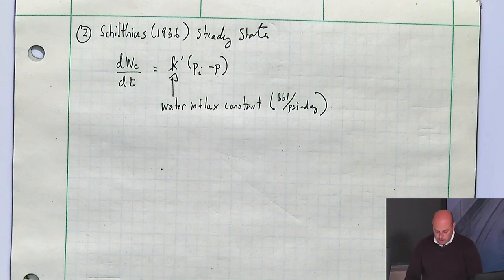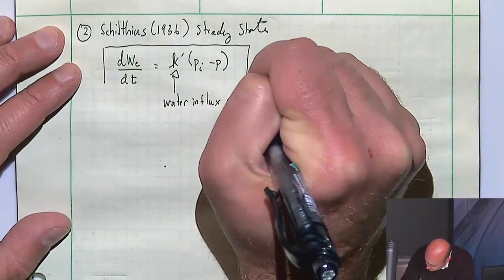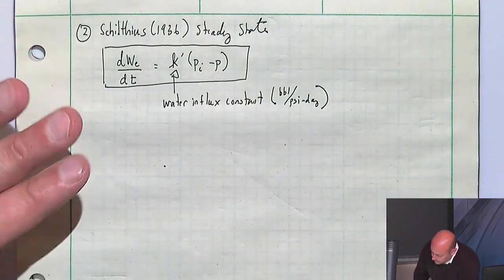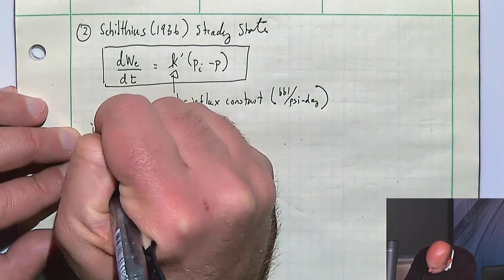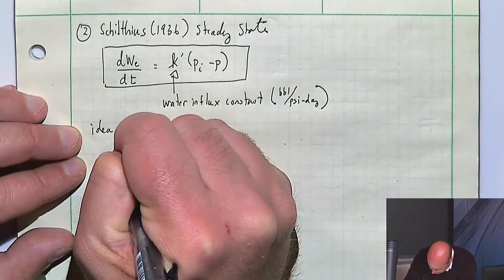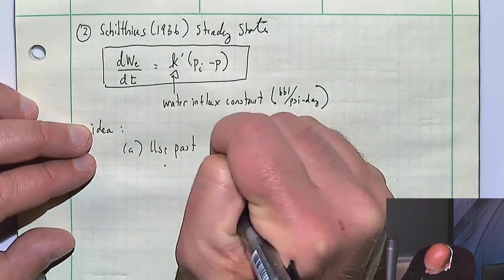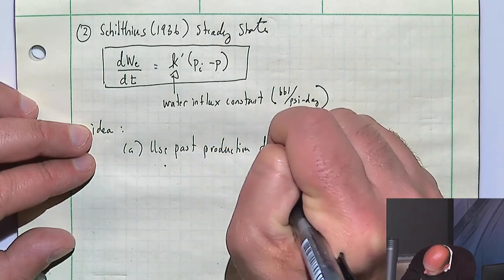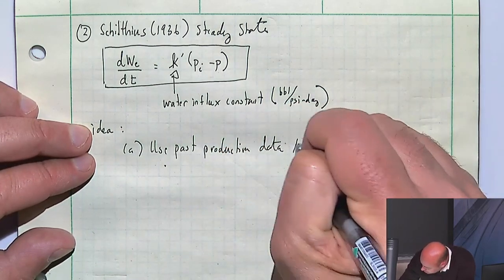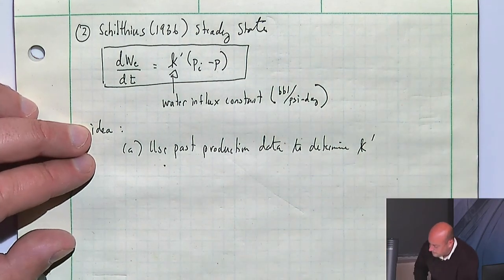So this is the equation, and so how do we use it? How do we use it to determine WE? Well, the first thing is we need K prime. So the idea is first use past production data to determine K prime.